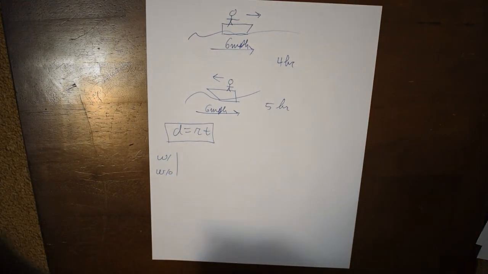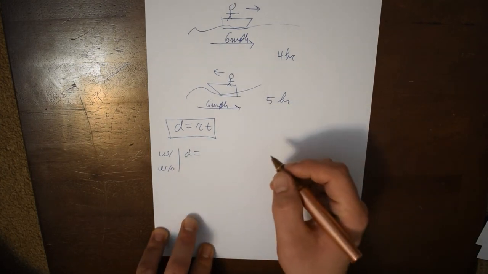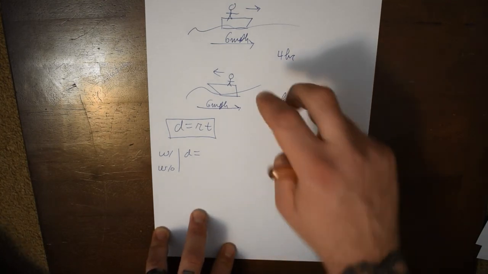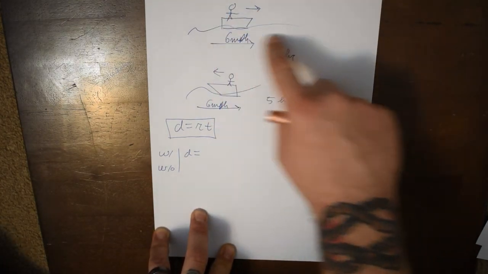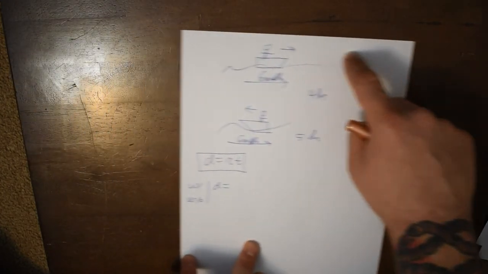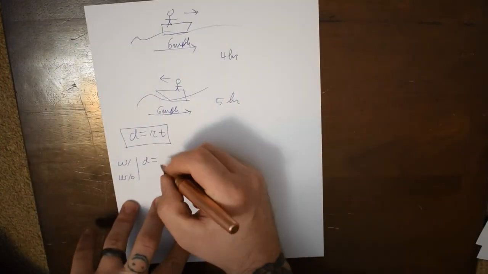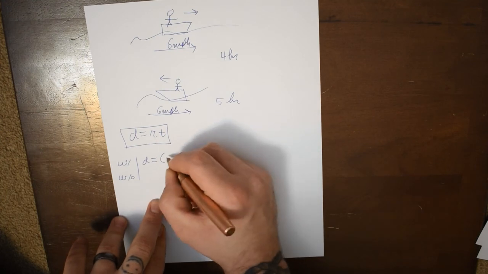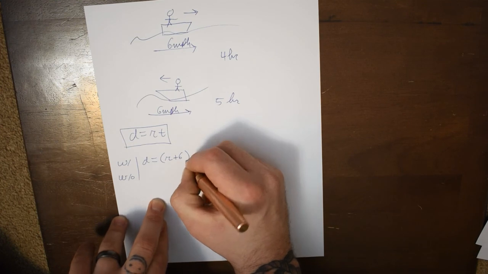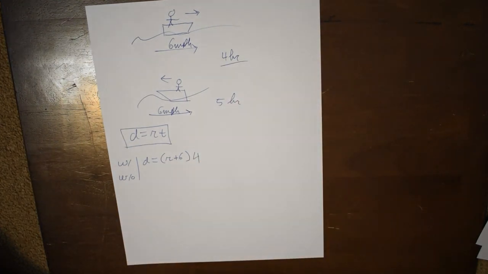With the current, the distance this boat travels is equal to its rate times its time. And the rate is going to be the tricky part here, because as the boat is going down, the current is also going down. You can think of it kind of as my paper slides, my finger is also sliding. So the rate that they're actually traveling is the rate of the boat plus 6 miles an hour for that current, times the time of 4 hours.